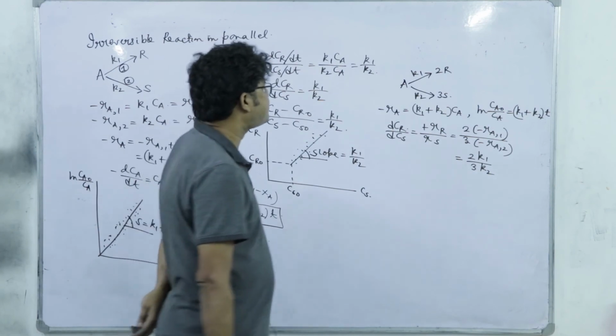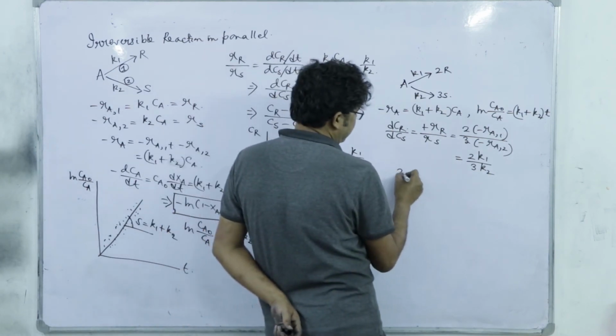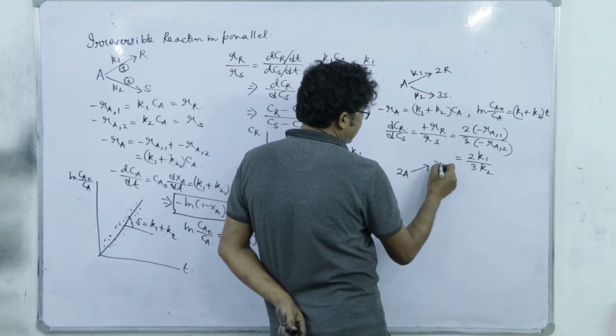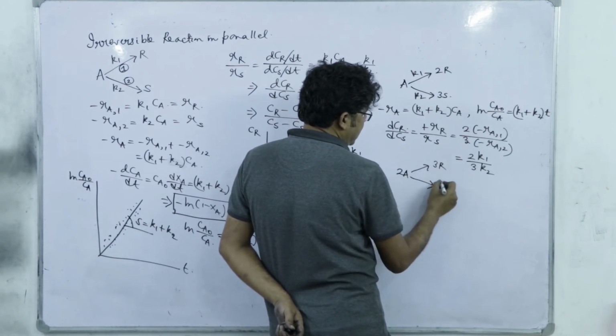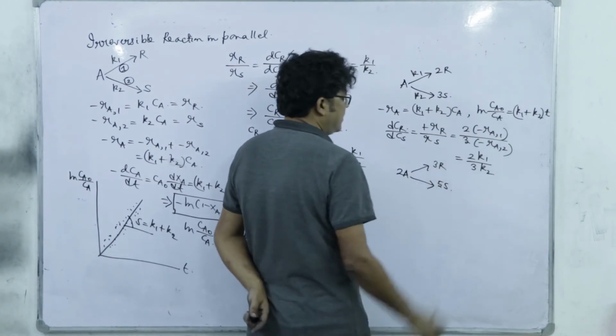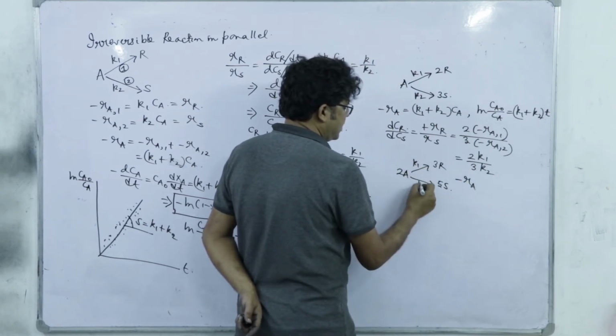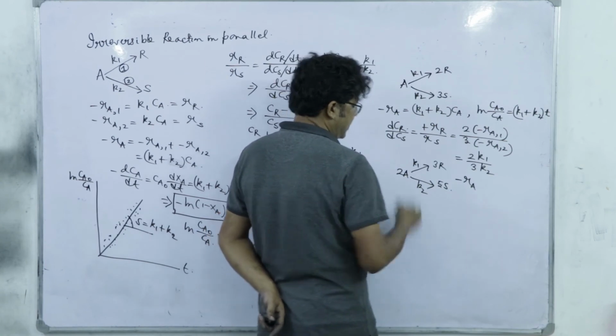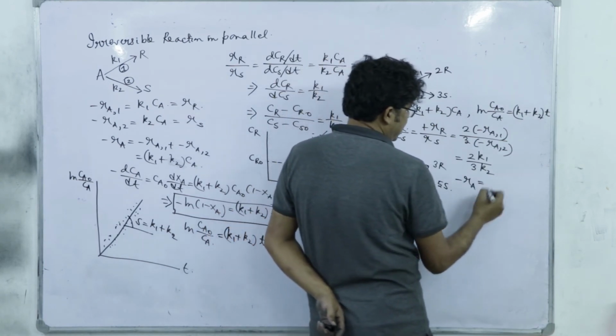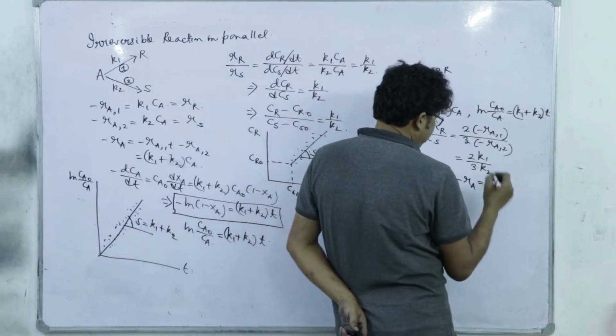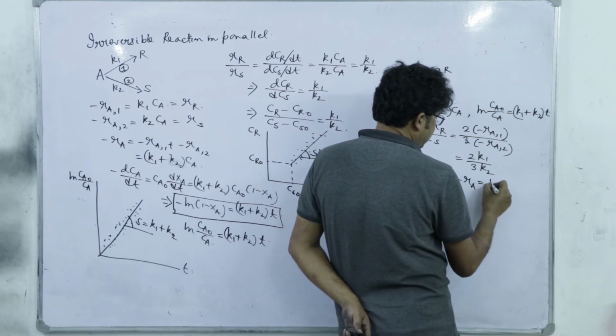Okay. And if I have 2A giving 3R and 5S, next it will be minus rA, both second order, right, elementary reaction. What are the variations I am trying to point out?